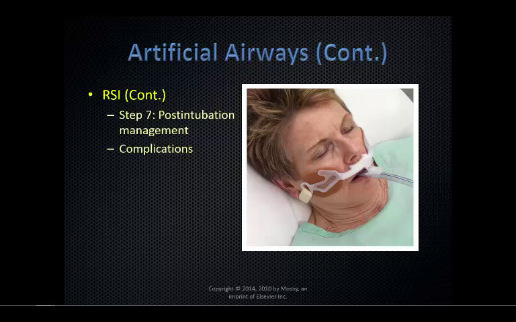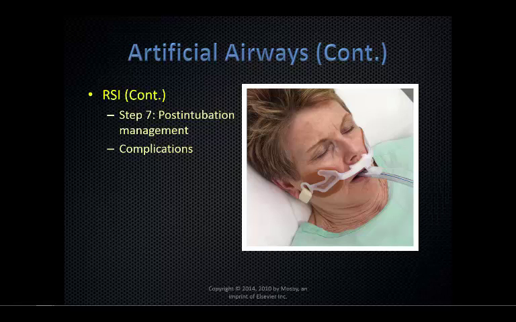There are some complications that can occur due to intubation, and those would include things like nasal or oral trauma. Also, you may get vomiting and aspiration. And worst of all, if the patient becomes hypoxic for a period of time, they may actually suffer cardiac arrest. There are other complications that you can read about in your book, and I'd advise that you do that.